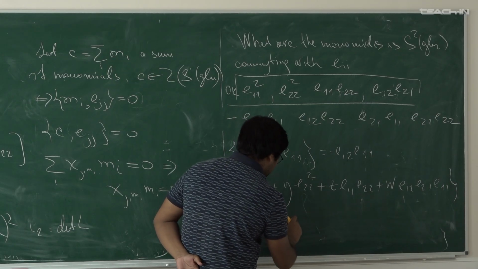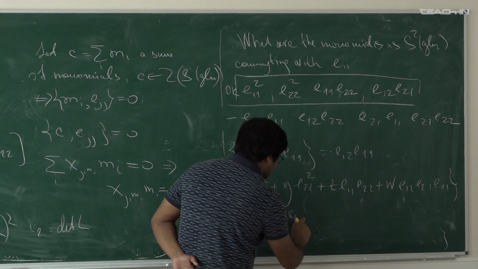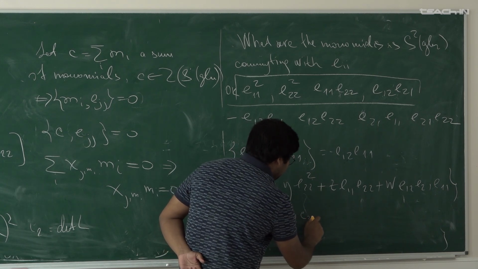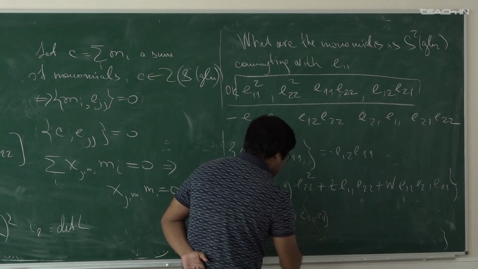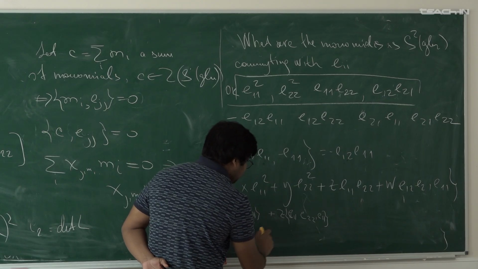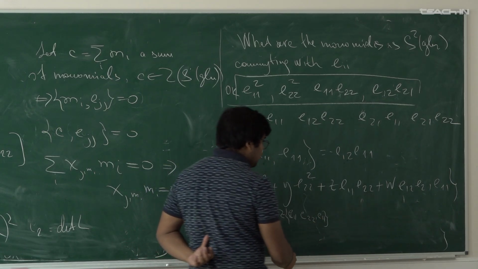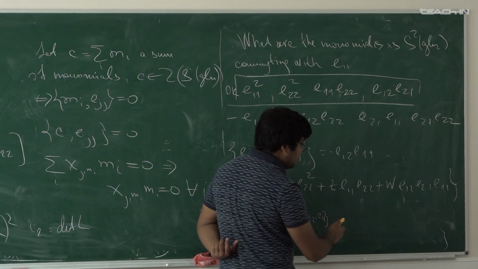E11 E22 E11, like this. So what will it be? The rest is 0, just because of this. And here it will not be 0.